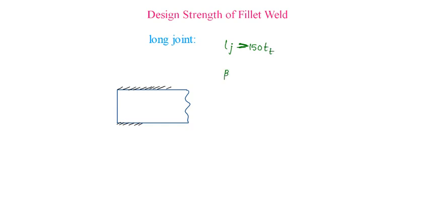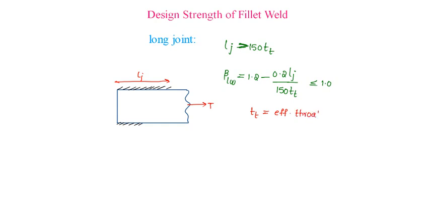Then the long joint factor is beta_LW, which is given as 1.2 minus 0.2 times the length of the joint by 150 times the throat thickness, which should be less than or equal to 1.0, where LJ is length of joint along the load direction and T is effective throat thickness. So this factor should be multiplied to the design shear strength of fillet weld in case of long joint.